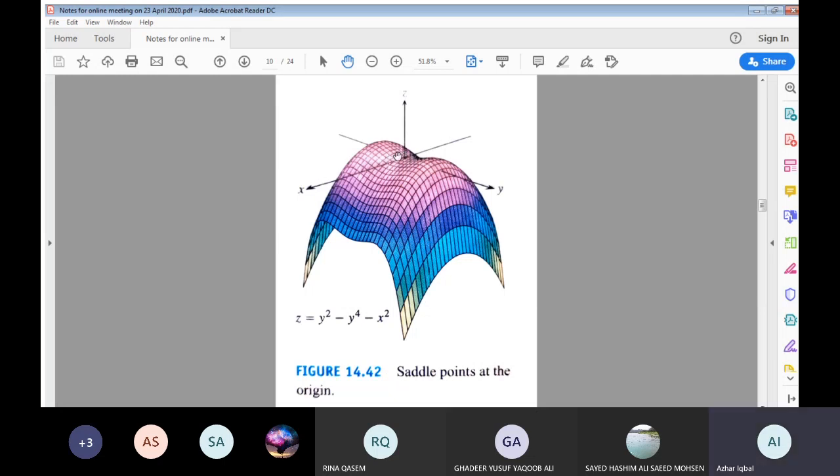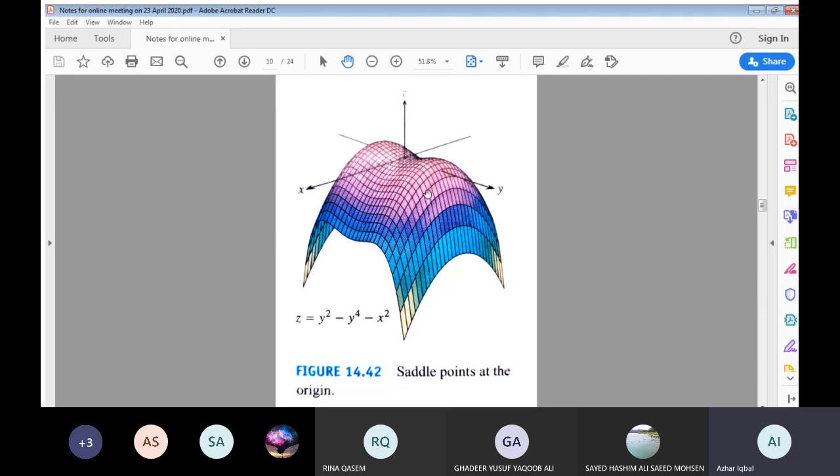So depending on which direction you go, in one direction the value of the function is dropping, and in the other direction, starting from the same position, the value of the function is increasing. The surface is rising in some directions and dropping in others.